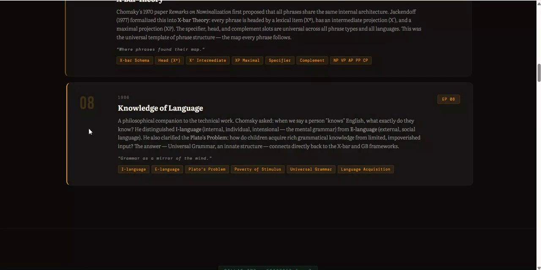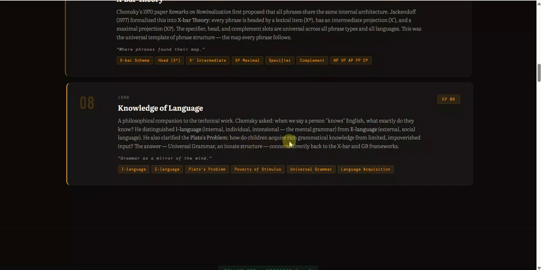Then in 1986, Knowledge of Language, that is episode number 8, a philosophical companion to the technical work. Chomsky asked, when we say a person knows English, what exactly do they know? He distinguished I-language, internal, individual, intensional, the mental grammar, from E-language, external social language. He also clarified Plato's problem.